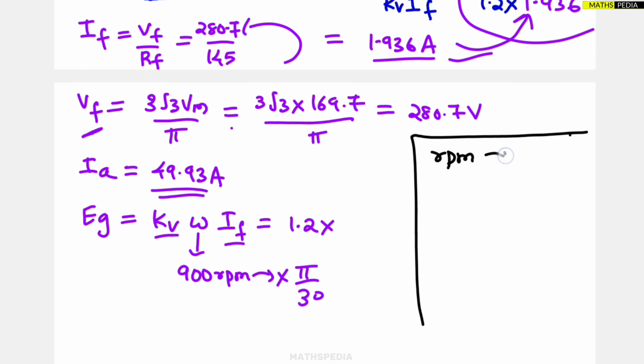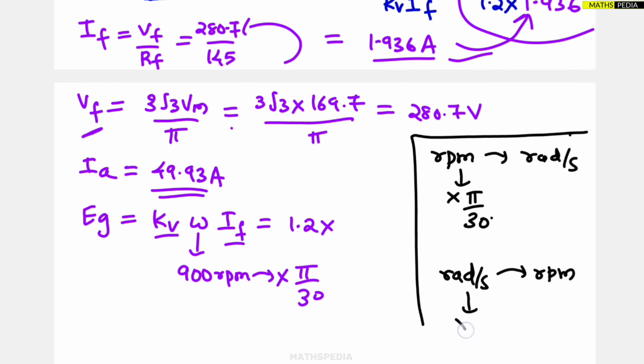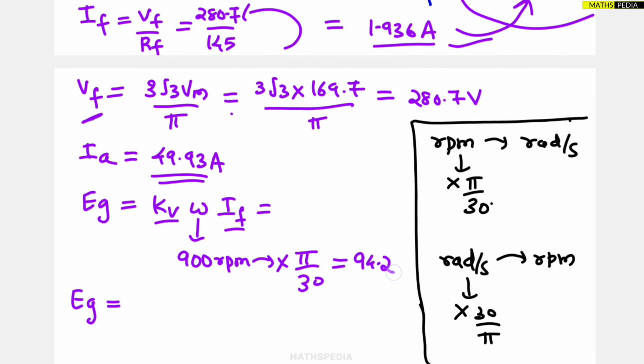RPM to radian per second is just multiply RPM with pi by 30, and radian per second to RPM is multiply by 30 by pi. Simple. You will be getting 94.25 radian per second.